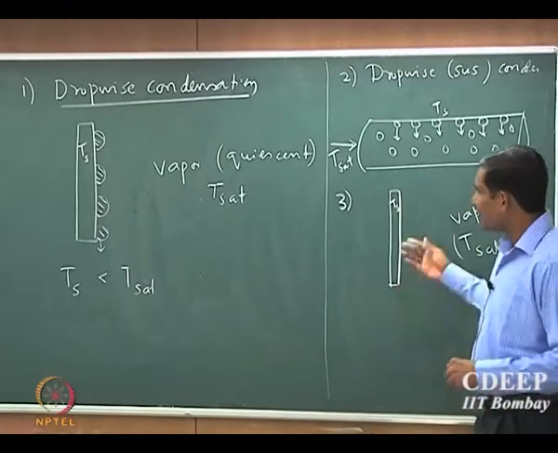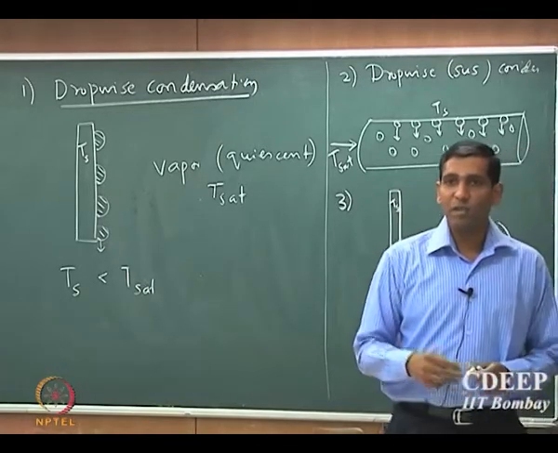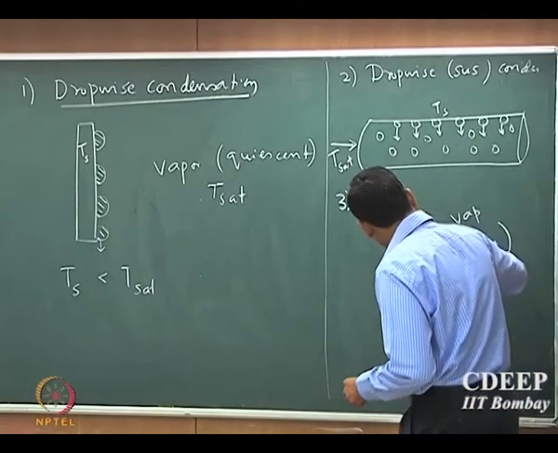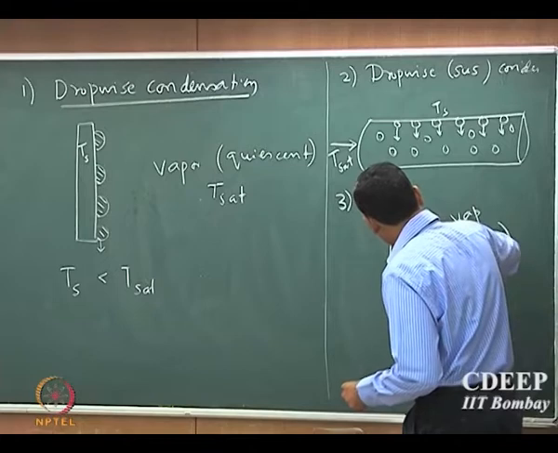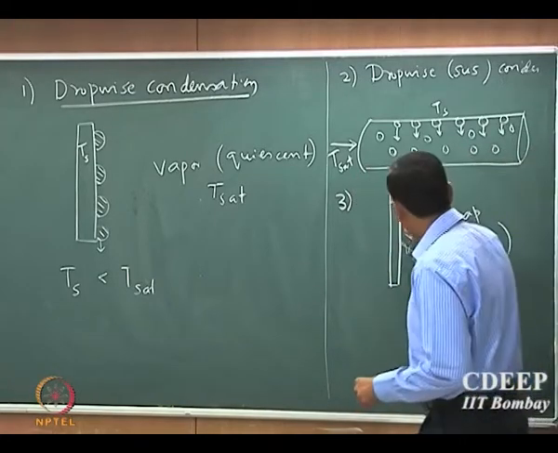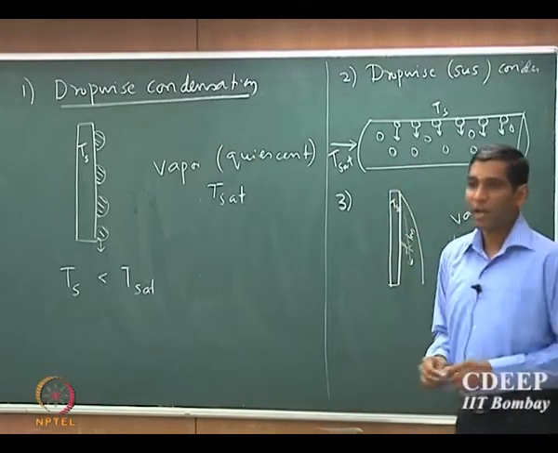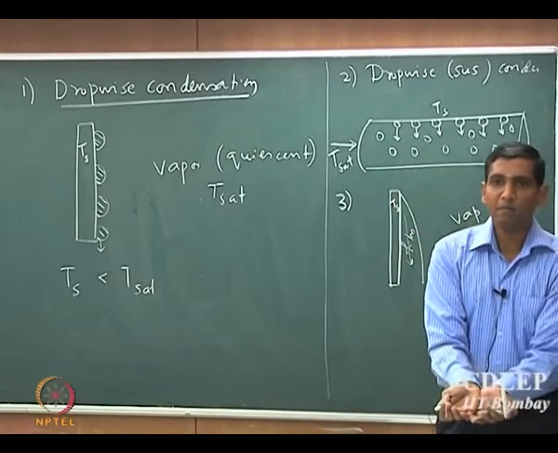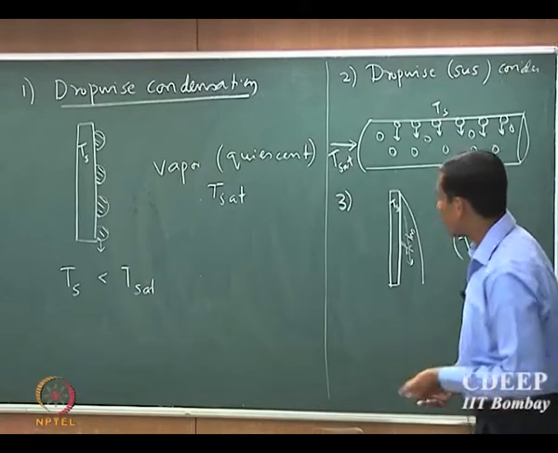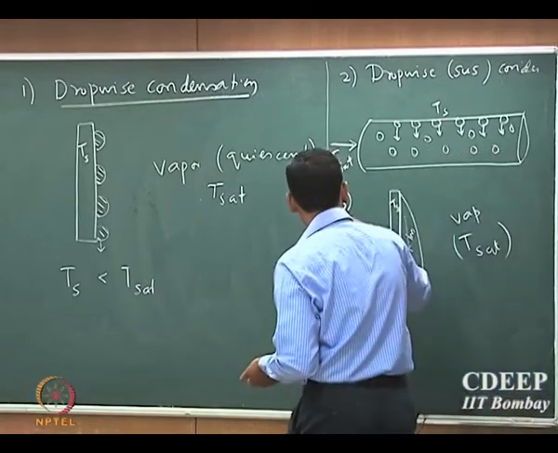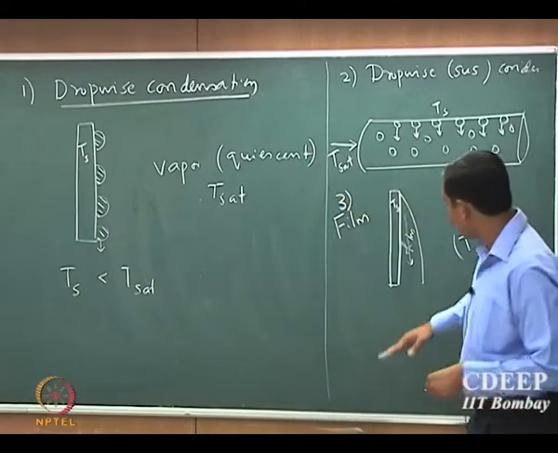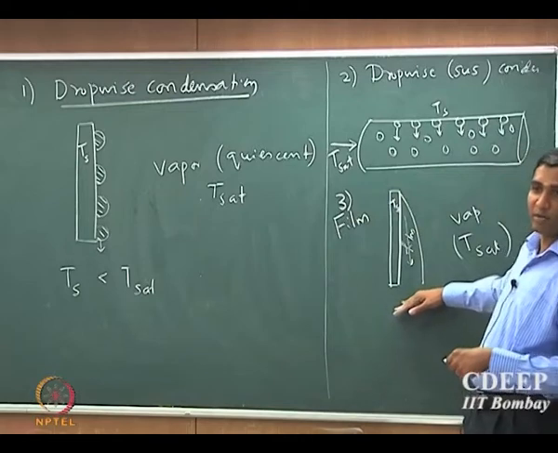Now, the condensation rate will be such that a liquid film will be formed here, and the liquid film will start moving, and then the condensate is collected at the bottom of that wall. Okay, so, that is the third one, which is the film condensation process. What we are going to see in today's lecture is how to characterize this film condensation process.